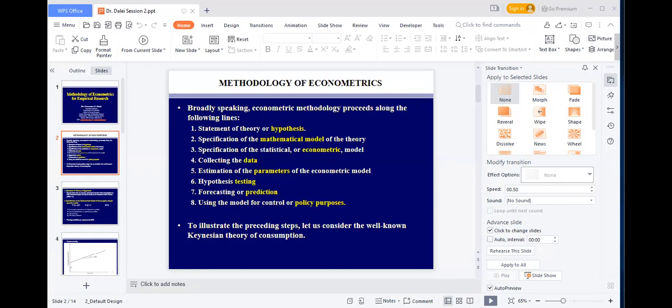Once these 3 steps are followed, the next step is to collect the data, and after that we estimate the model, that is, estimation of the parameters. Then we test the hypothesis, and after testing, that means after validating the model, we can go for prediction or forecasting. Once that is over, we can use the conclusion or inference for policy purposes. So these are the 8 steps.